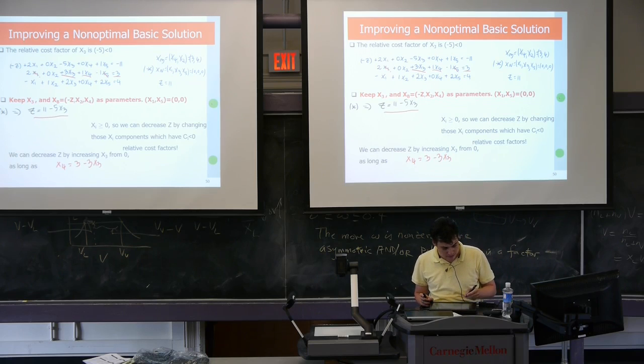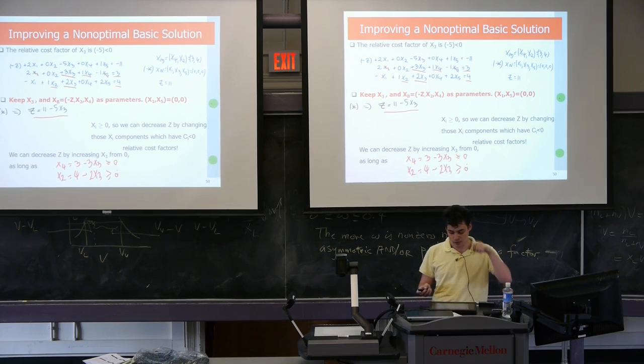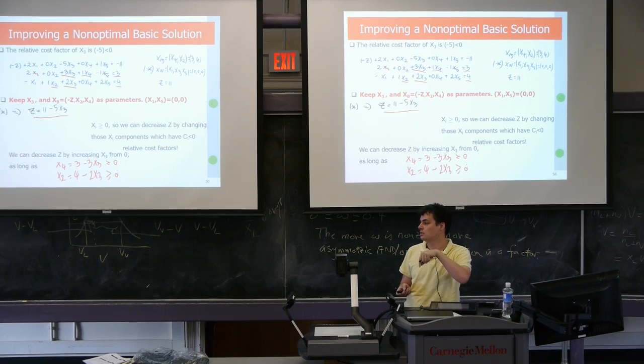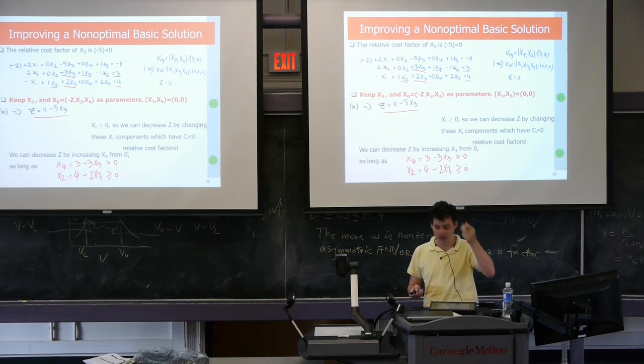And we have another constraint for x2, that x2 is 4 minus 2x3. And both have to be non-negative. So we have to increase x3 from 0 to such a value that it's maximum, so z will be minimum, but it satisfies these two constraints.